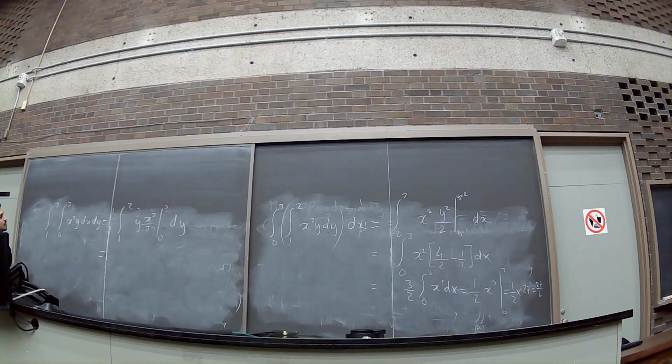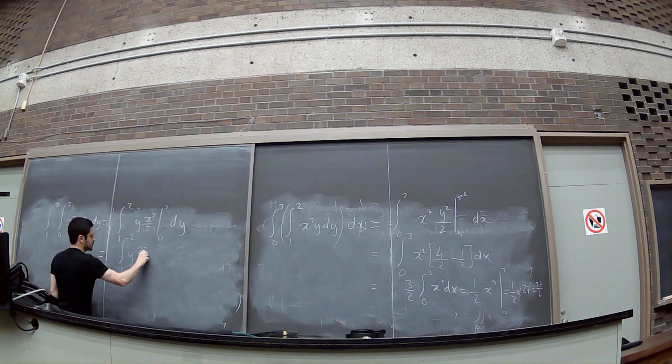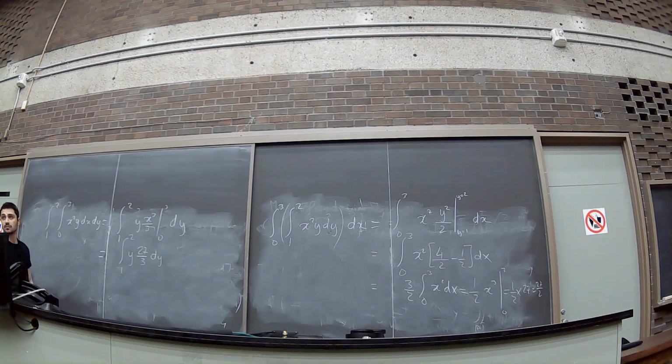Now it's the integral from 1 to 2 of y times 27 over 3 dy. Do you agree with this integral? Yes or no? Any questions?